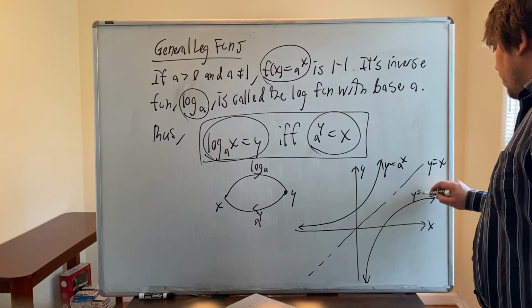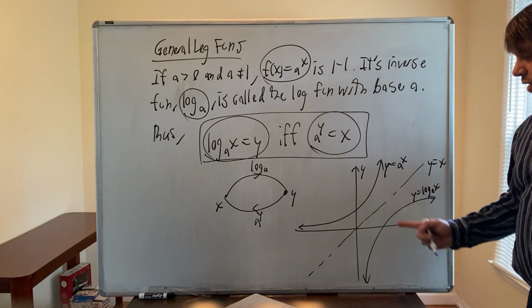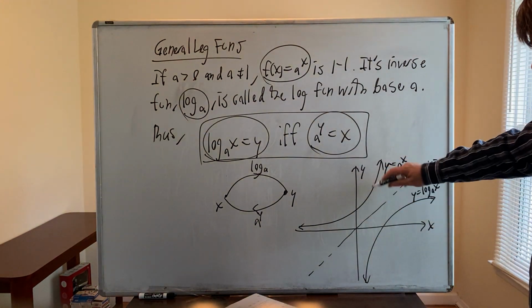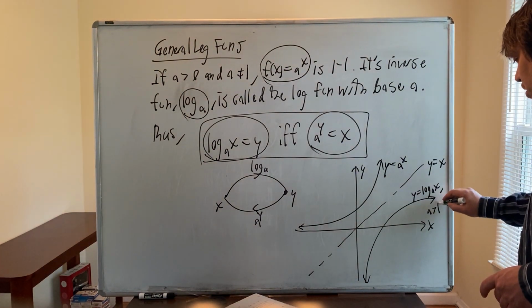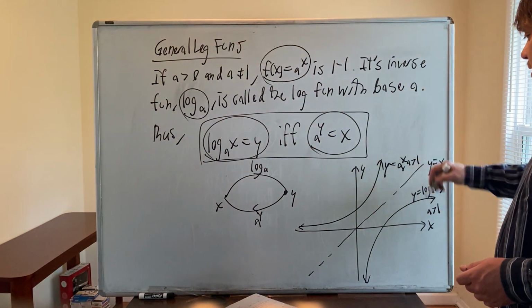And now that's the graph of log base a of x, because that's the inverse graph of a to the x. I'm just reflecting that graph about y equals x. And this is for a greater than 1, because this is y equals a to the x for a greater than 1.